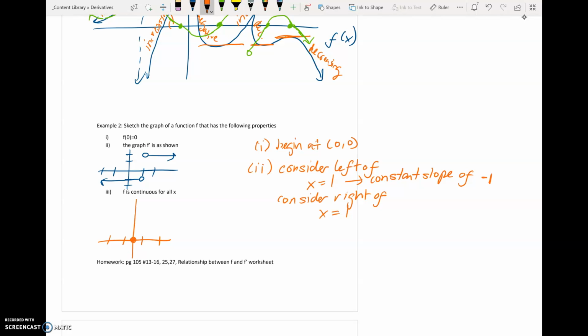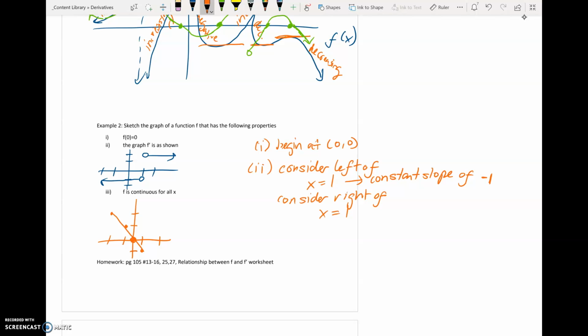It describes our slope. So then on this side, we need to have a slope of -1, which means I'm going to go down 1 over 1 here, and then continue on. And this will give me that slope of -1.